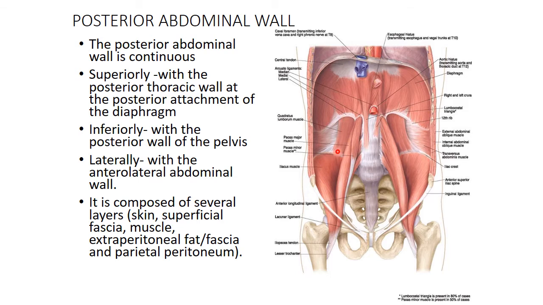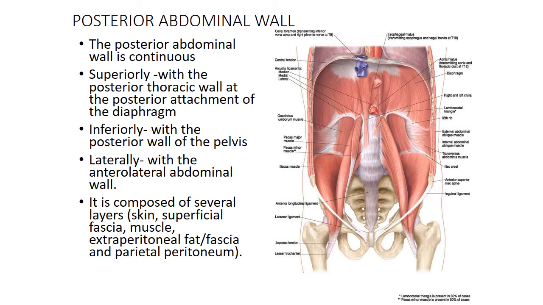Inferiorly, the posterior abdominal wall is continuous with the posterior wall of the pelvis. This is the pelvic cavity. So below it is continuous with the pelvic cavity. Then laterally, this is the cut edge of the anterolateral abdominal wall, so it is continuous with the anterolateral abdominal wall.